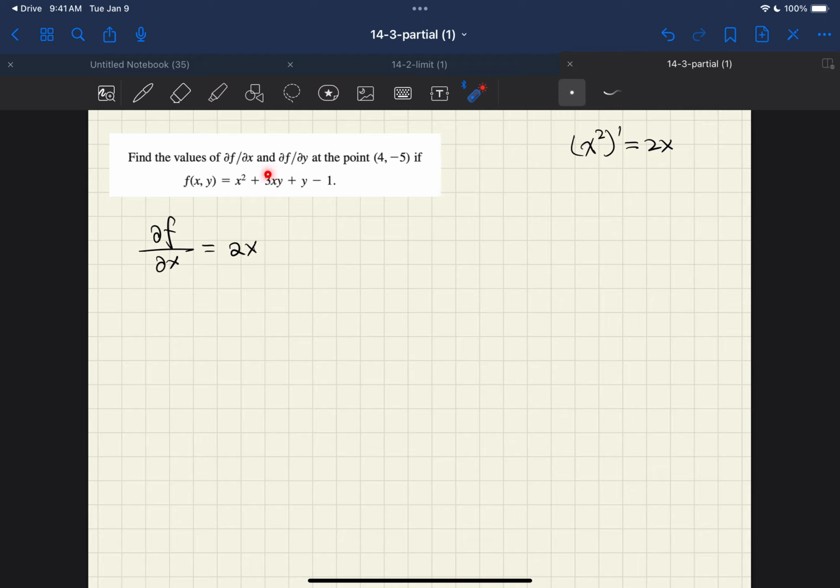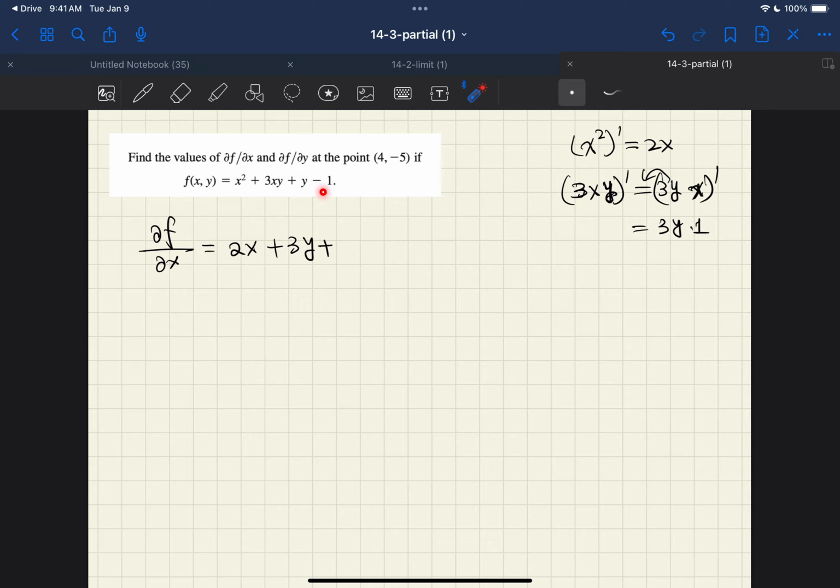When I look at this, this is a tricky one. So when I look at 3xy, then for 3xy prime, I'm looking at y as a constant, just like 3. So I put 3y as a coefficient, and x is the variable only. And x prime is just 1. So this is 3y.